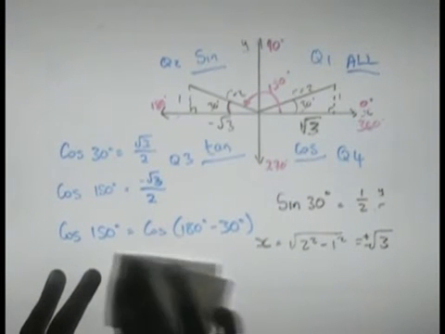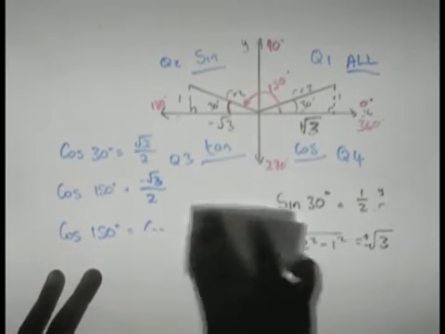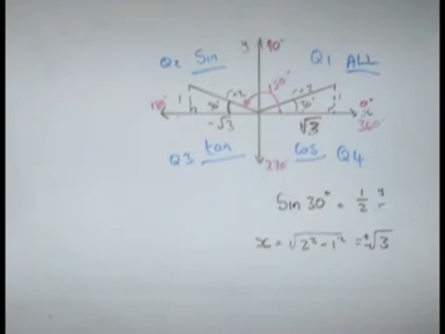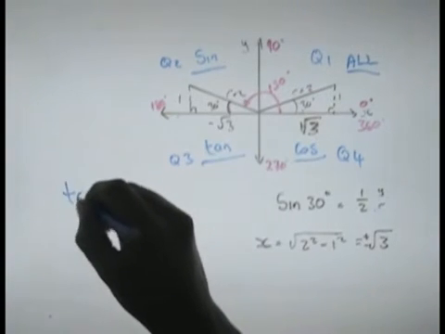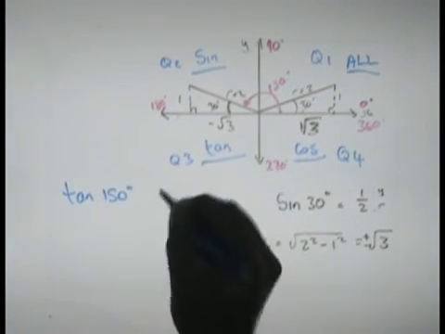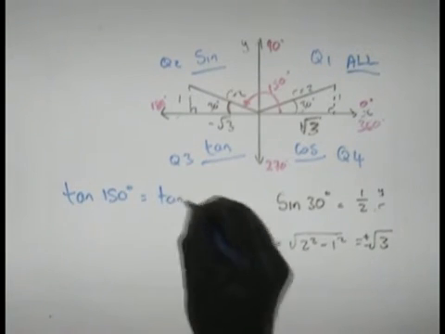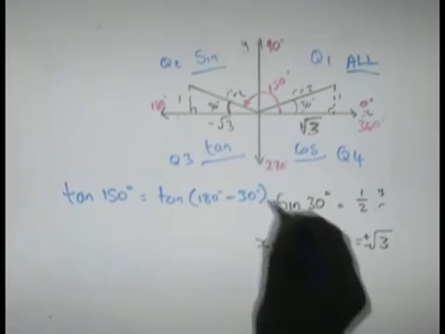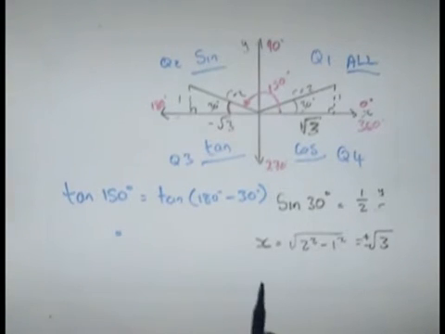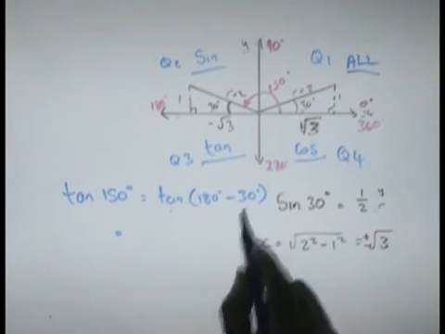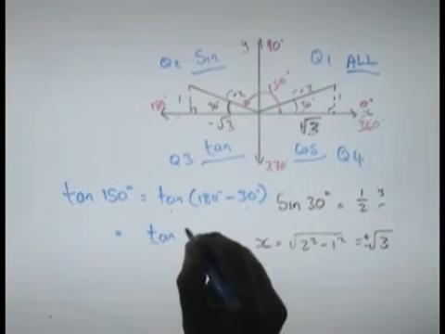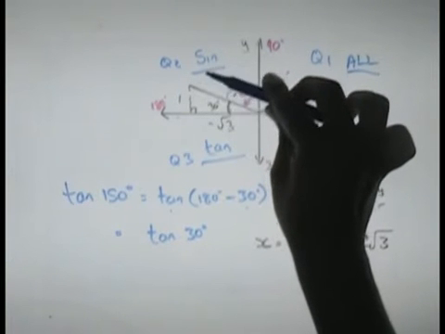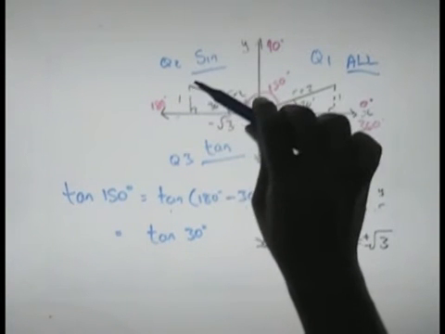Now let us do one more reduction, and that will be of tan. Tan of 150 degrees is the same as tan of 180 degrees minus 30 degrees, which is going to equal tan of 30, except because it's 180 minus, it means that it's in quadrant 2.